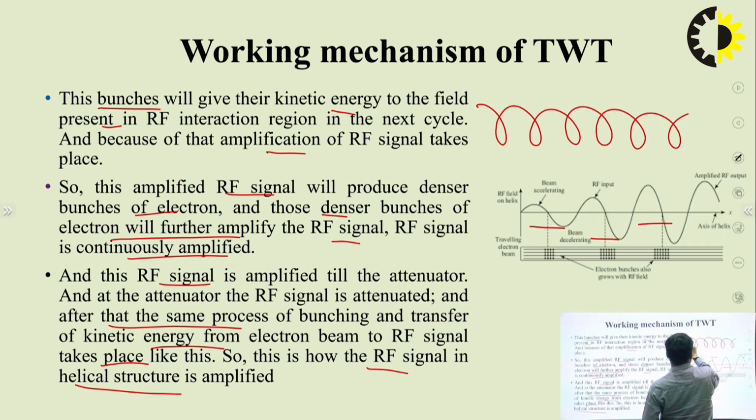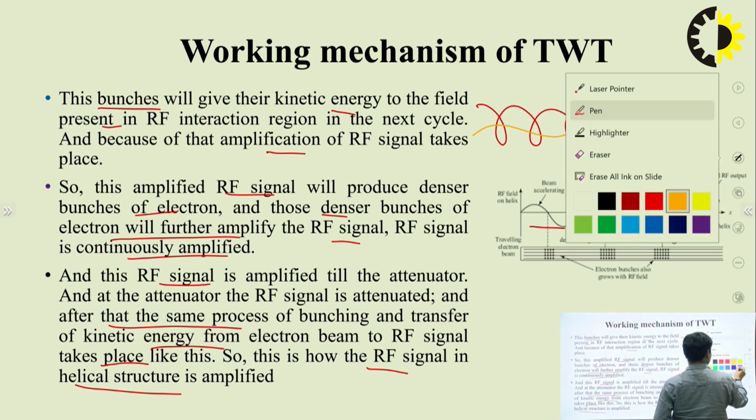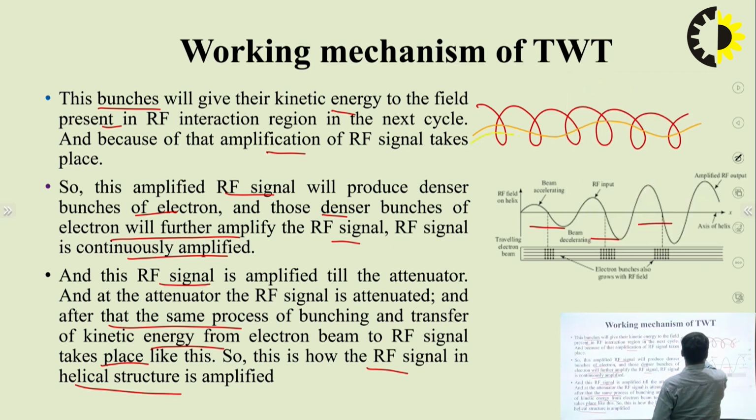Let's say the trajectory of the signal will be amplified, like this for the positive part, and this one is for the negative part. Let's say the electrons are like this. I am just taking some configuration here.